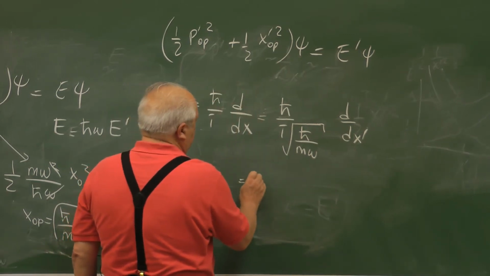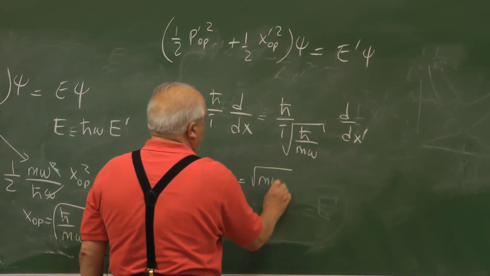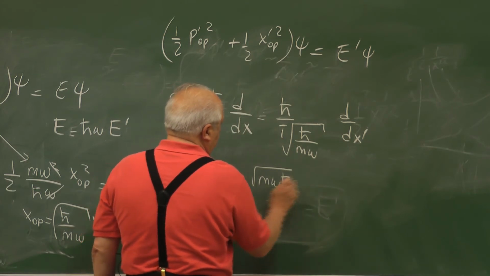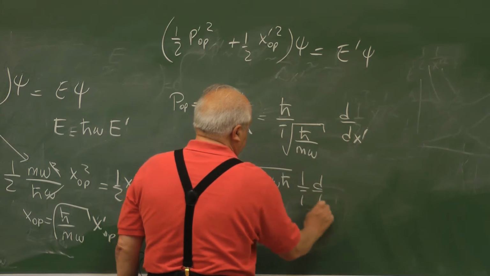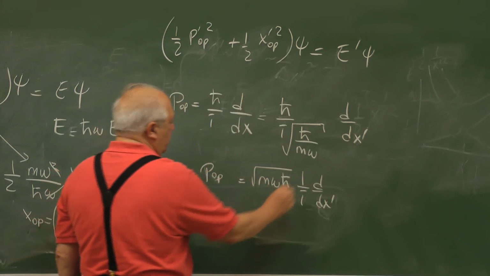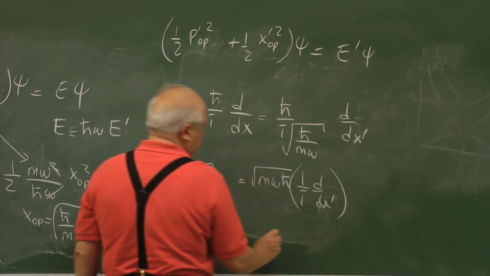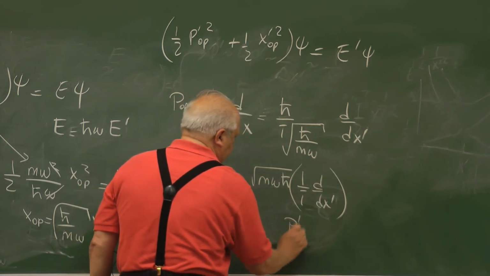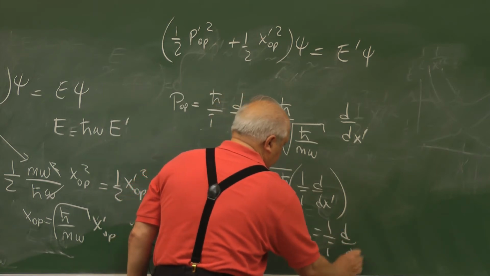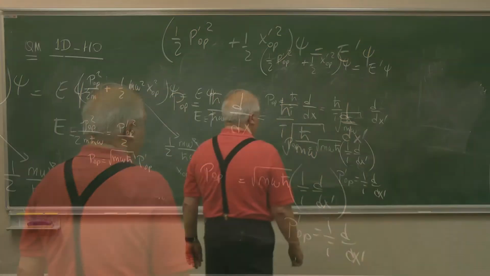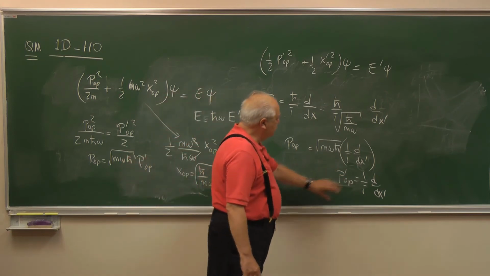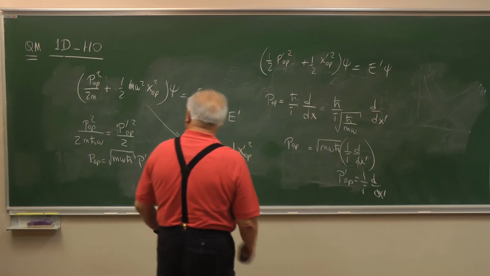So this is root m omega h bar times 1 over i d by dx prime. So P prime operator is 1 over i d by dx prime, namely in the coordinate representation.